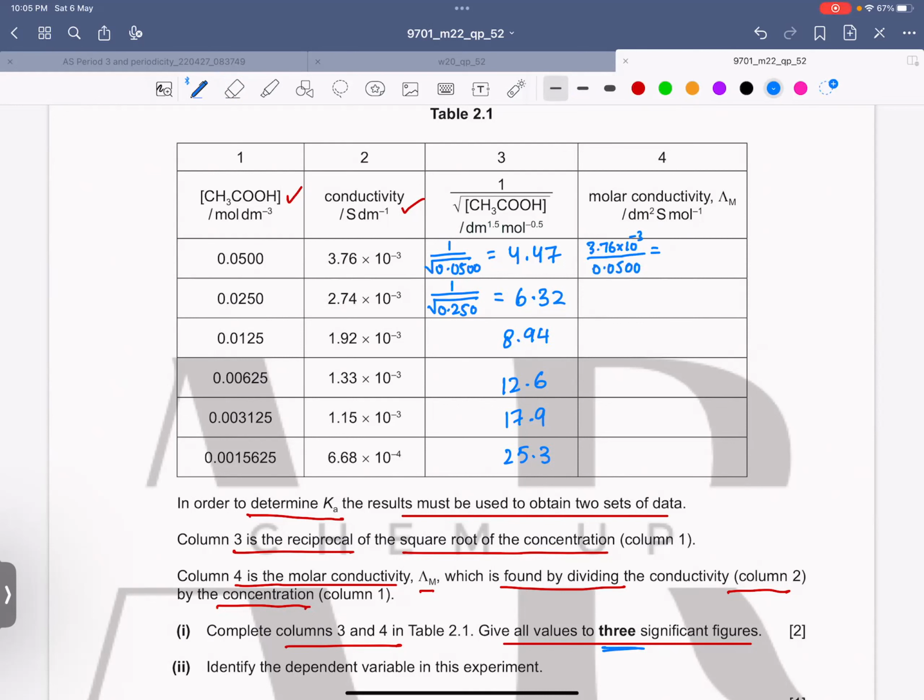0.0752. Okay, 0.0752. Next one. 0.110. Okay, next one. 0.154.